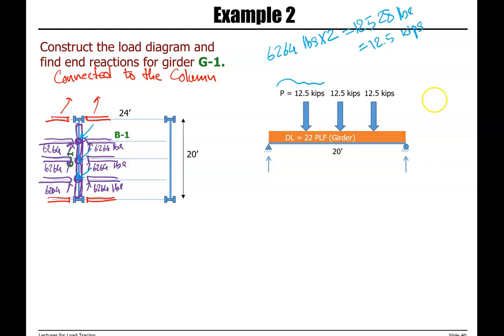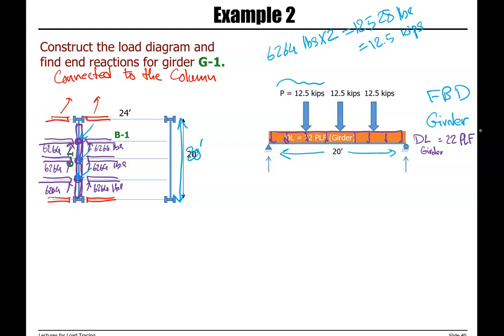So that's the free body diagram for our girder. The total length here is 20 feet. So we have the length of 20 feet. Three point loads pushing the beam downward. Then we also have the dead load of the girder by itself. So dead load of girder is 22 PLF.